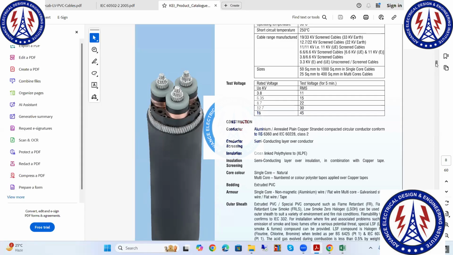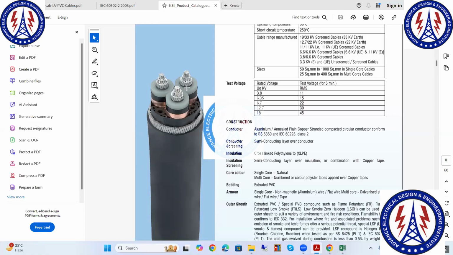In case of LT, if the current is increasing, just increase the cross section. But in case of ST, if the manufacturer is designing any ST cable, he will use more insulation thickness. So that is a change in the ST. So it's a conductor.